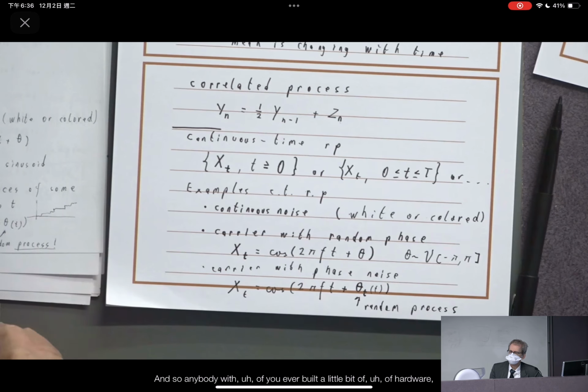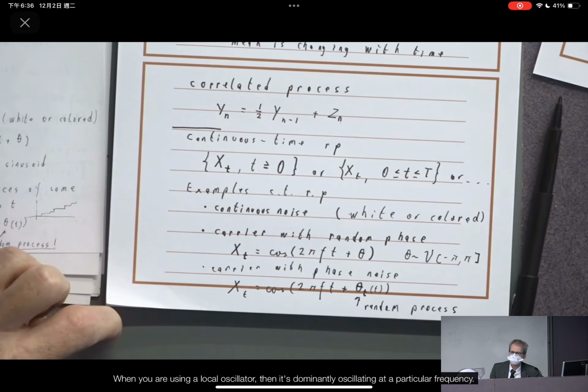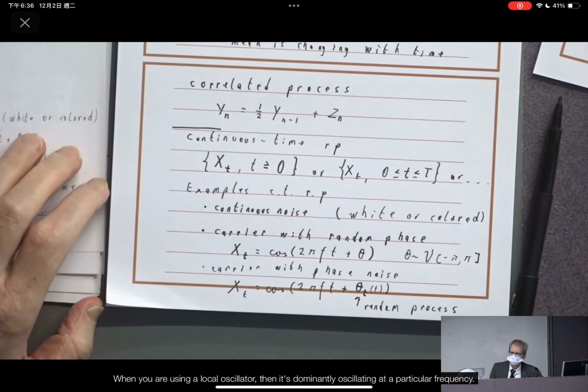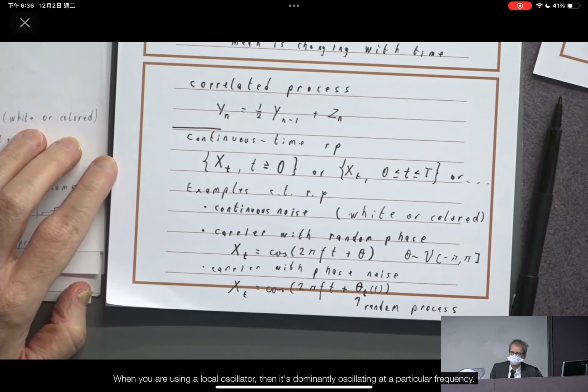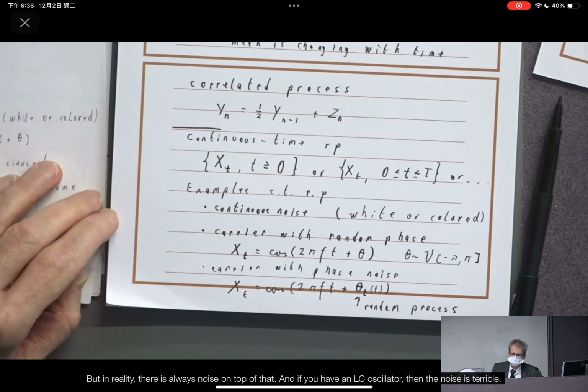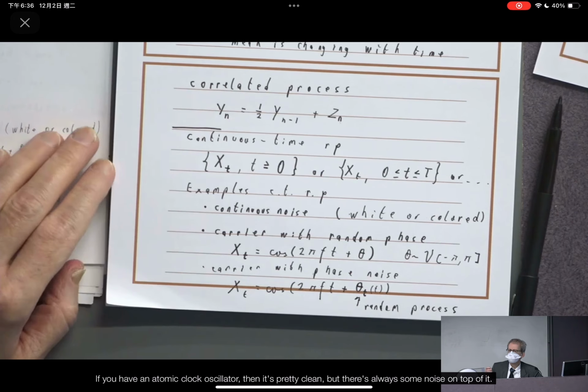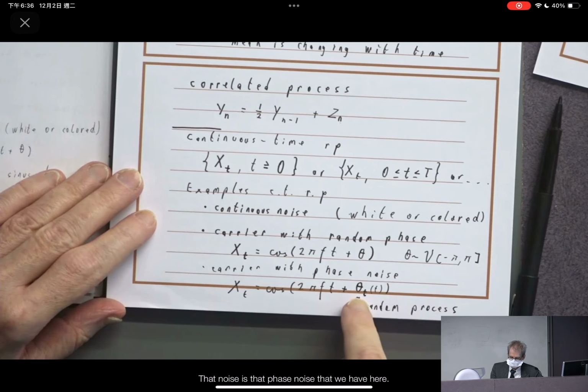Has anybody of you ever built a little bit of hardware, whether you're a ham radio operator or built your own stereo or whatever? When you are using a local oscillator, it's nominally oscillating at a particular frequency, but in reality there is always noise on top of that. If you have an LC oscillator, then the noise is terrible. If you have a quartz, it's somewhat better. If you have an atomic clock oscillator, then it's pretty clean. But there's always some noise on top of it. And that noise is the phase noise that we have in here.